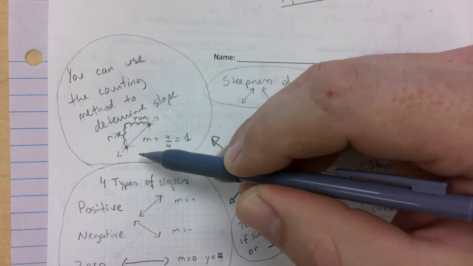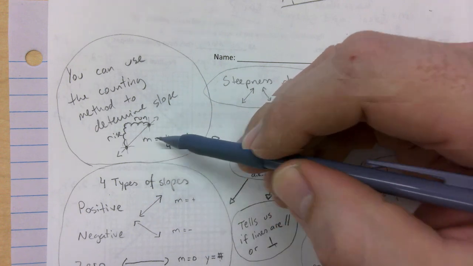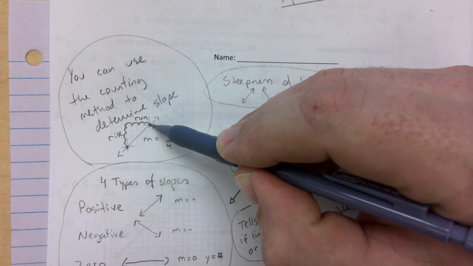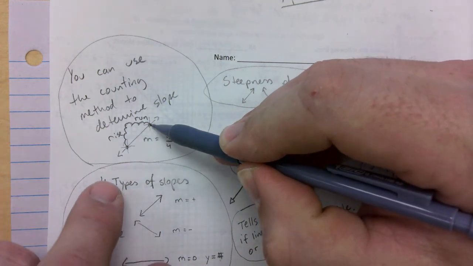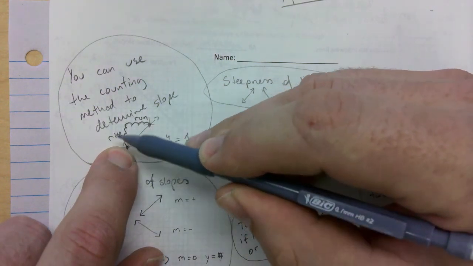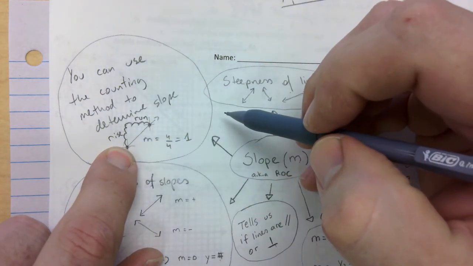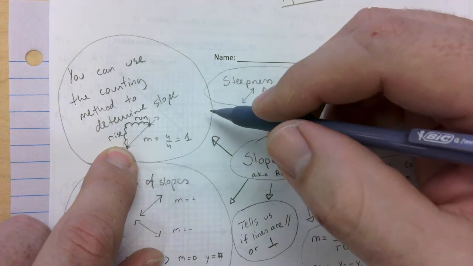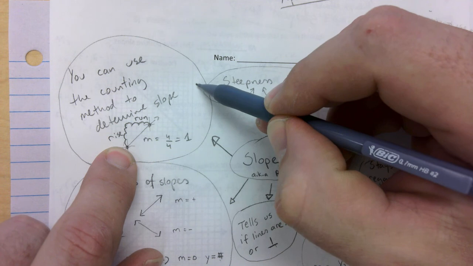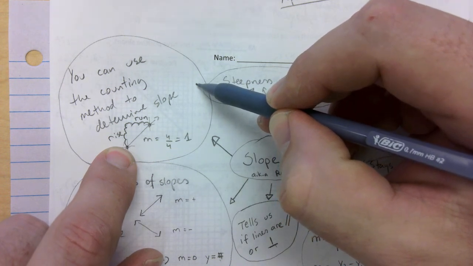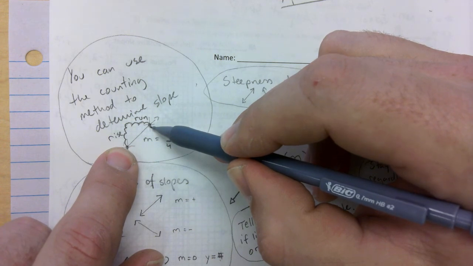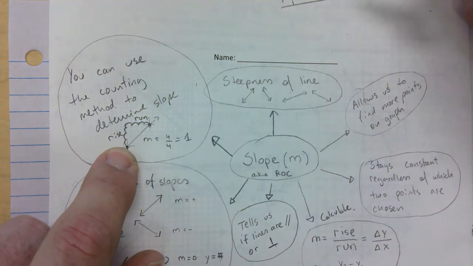Don't find points that are halfway through a box or something like that. You want intersection to another intersection. So sometimes the best way I recommend is find those 2 points and then count up and over, okay? And then reduce your fraction, because if you pick them far apart, you most likely will get a fraction that needs to be reduced. If they're close together, then you won't have to reduce as much, right?